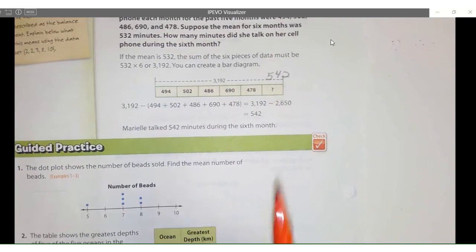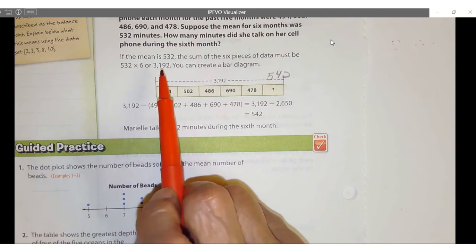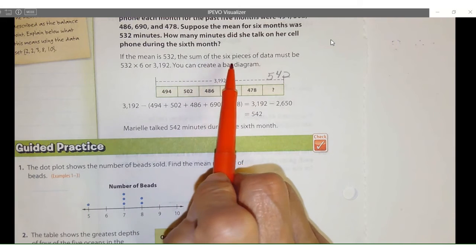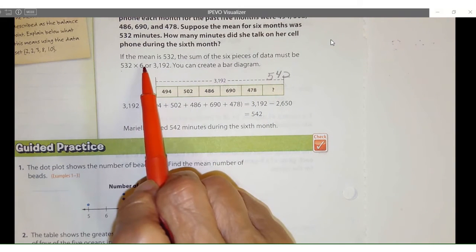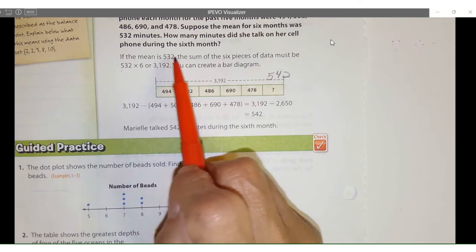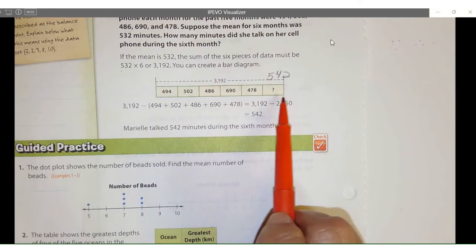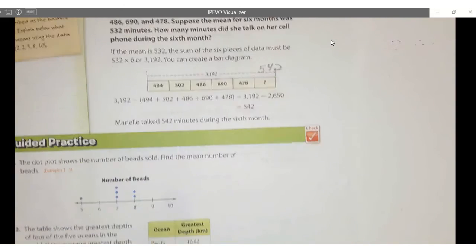total. So when you look up here and you read this, it says if the mean is 532, which they've given us, the sum of the 6 pieces of data must be 532 times 6. So you would take the mean that they give you and you have to get this 3192.